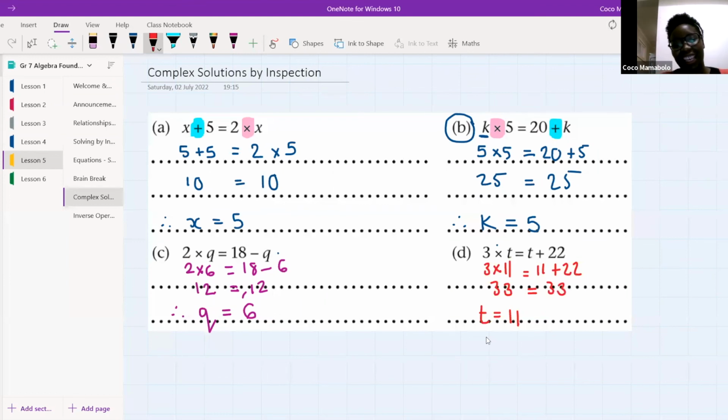Good. So what is T actually equal to? Therefore, T is equal to 33? Oh, not 33. T is 11. I know it's a little bit confusing, right? Yes, ma'am. But it's fine. Guys, I'm going to practice a couple more of these, but we're going to look at a different way to solve for these in the next lesson.